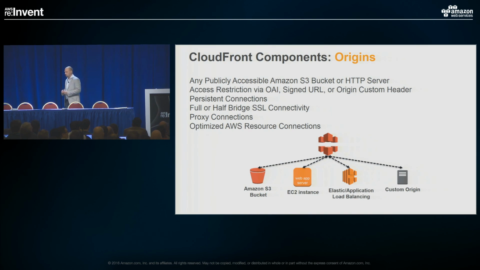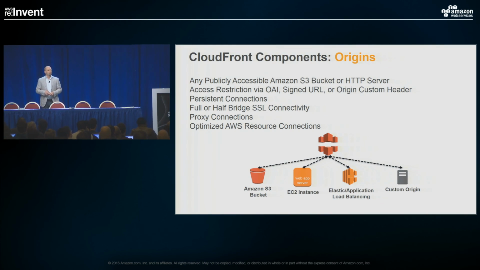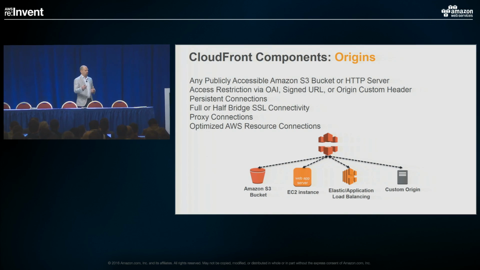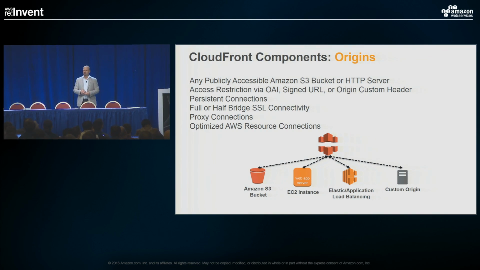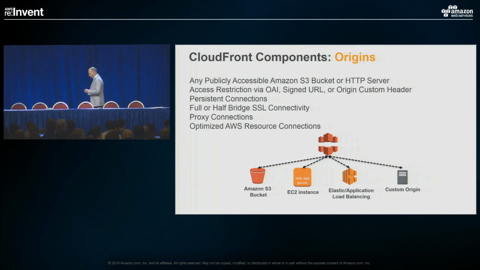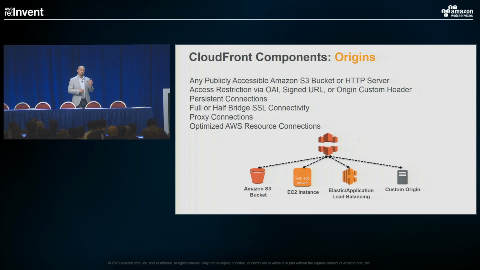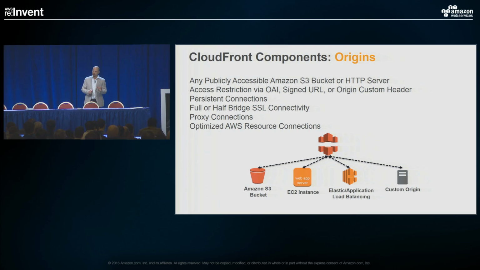Another thing you can do is use a signed URL, or a tokenized type of URL, such that CloudFront can use that to access the origin, and the origin will only respond with the content if that signed URL is valid. Or, a feature that we recently put in place is the ability to inject a custom header that goes back from CloudFront to your origin, and based on the value that you set in that header, CloudFront will send that off.